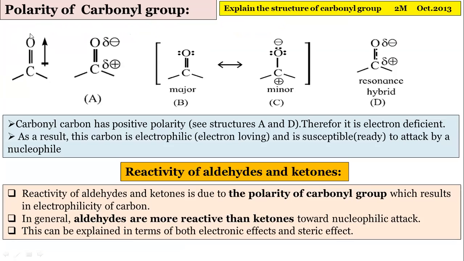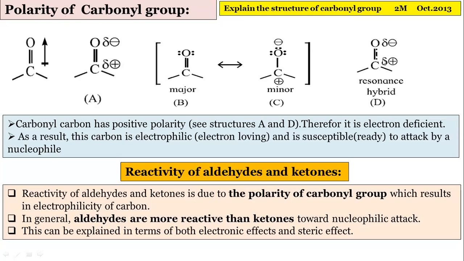It becomes delta negative and the carbon becomes delta positive. See structure A and structure D. All these are resonance structures. Only the electron density is shifted. In structure A, the carbon has delta positive, and this structure is the resonance hybrid. Here this carbon is delta positive and oxygen is delta negative. So the carbonyl carbon has positive polarity.